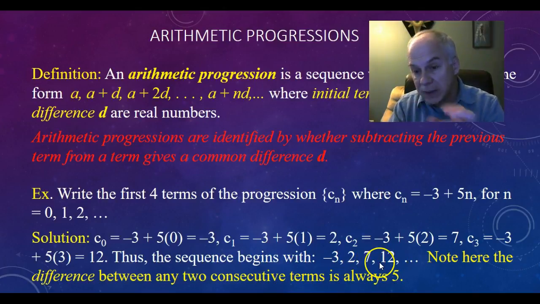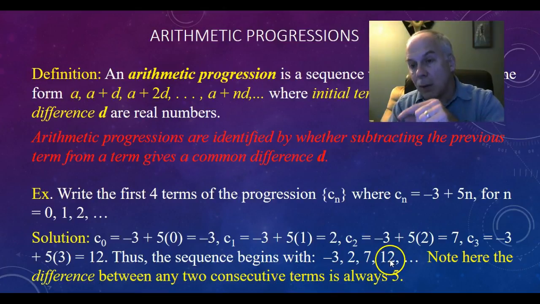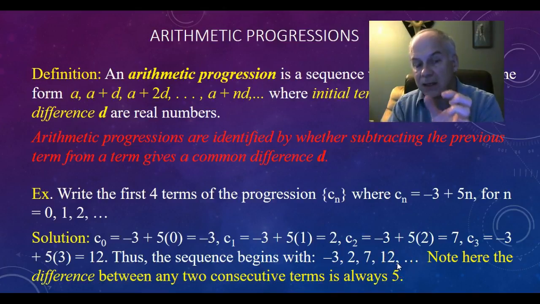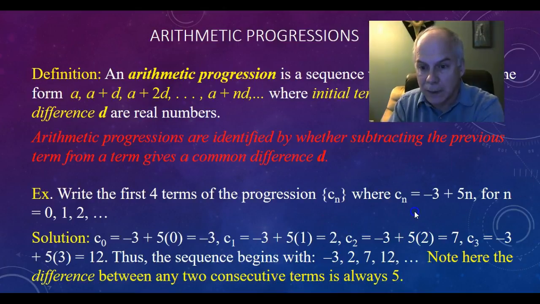So it should always be the case, if it's an arithmetic progression, that we can take any term minus the previous term and we'll get the same common difference. Okay.